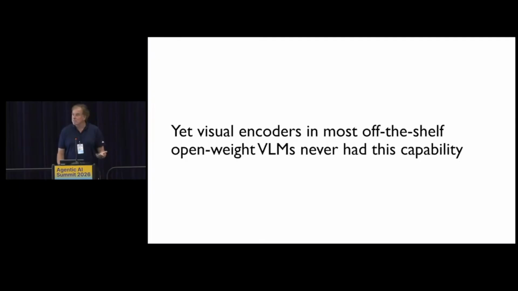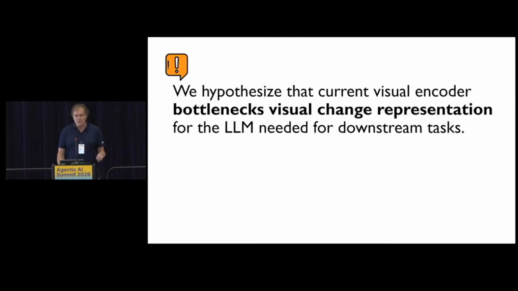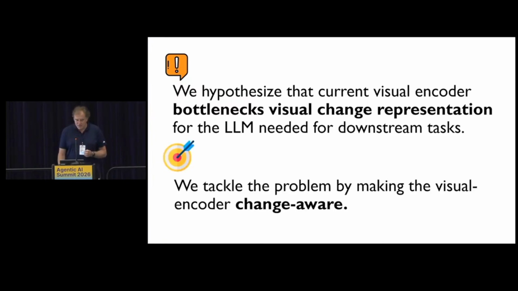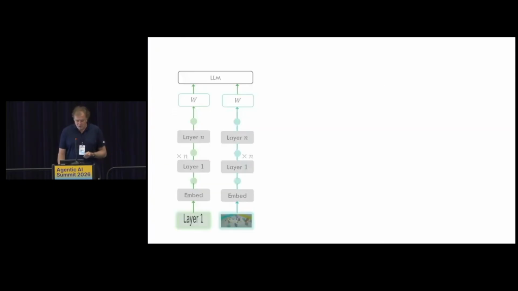So let's do it. That's what we did. We engineered a new representation we call a stateful visual encoder that's specifically designed to look for small differences, or what we call state changes in the world, specifically in images here, but it could generalize to other signals as well. So here's a basic visual encoder diagram.